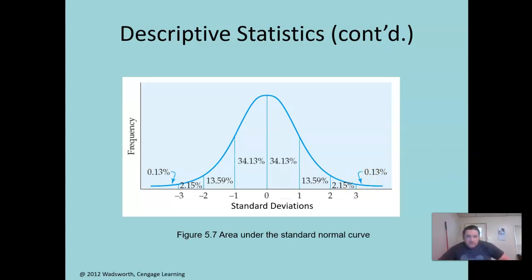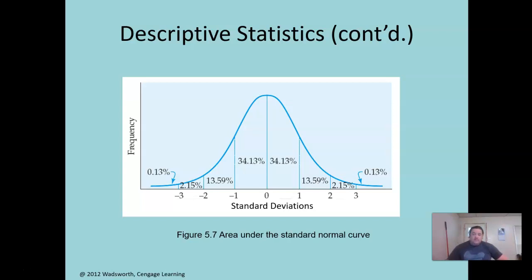So let's go. 34.13 is 64, or sorry, 68. There we go. That seems a little bit better. So sorry about that. 68.26. Then it's 68 plus the 27 is now 95.44 plus the 4.3 is now 99.74%.